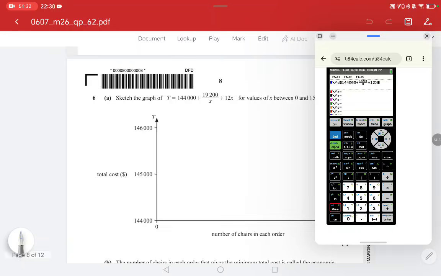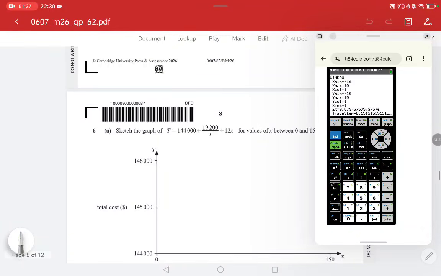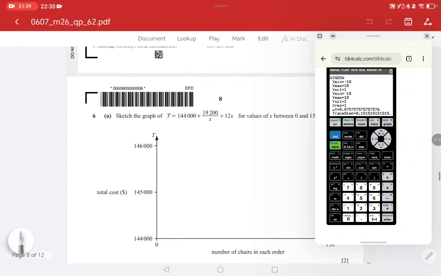Okay, if you do just graphing in the exam, most likely you will not see anything there, or you will not have an accurate graph. So go to window, please. Look here, the x values we have in the graph are from 0 to 150. So the minimum is 0, the maximum is 150, and the step you can make, let's say, 10.